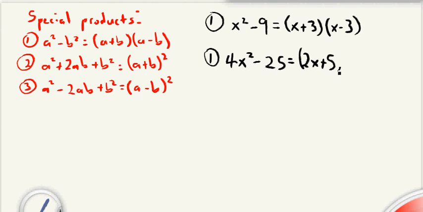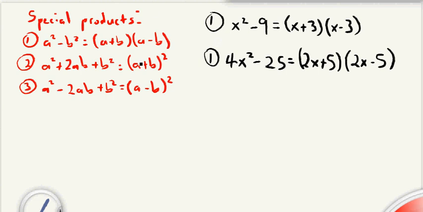So we're going to have 2x plus 5 times 2x minus 5, okay? Those are the problems where we would immediately say, I know how to factor these without making the box or going through any more arithmetic than what we've done here.